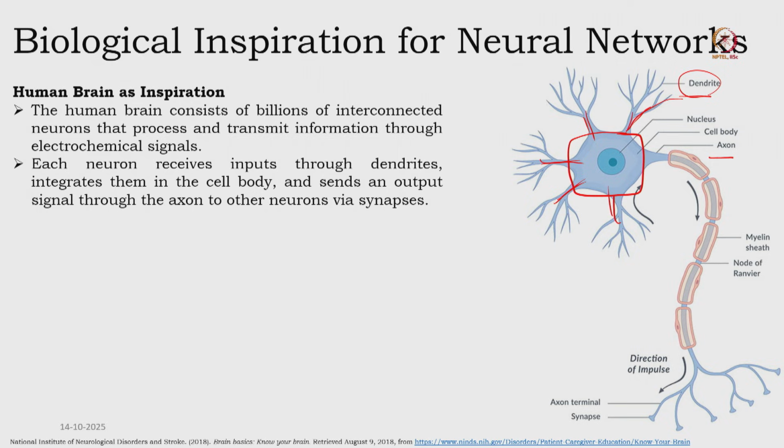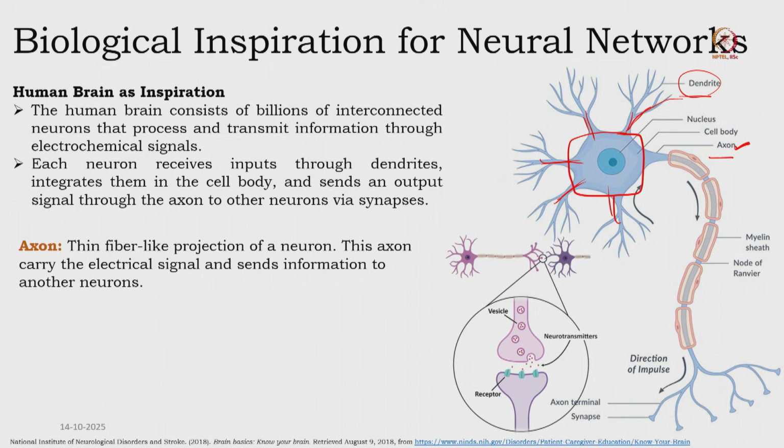Once we understand this, let us look into what exactly this axon is. The axon is a thin fiber-like projection, and the axon terminal at its end connects to another neuron.